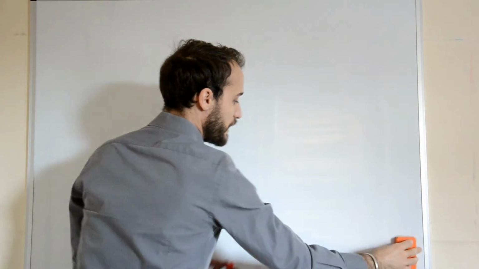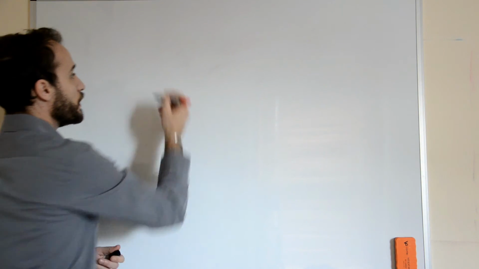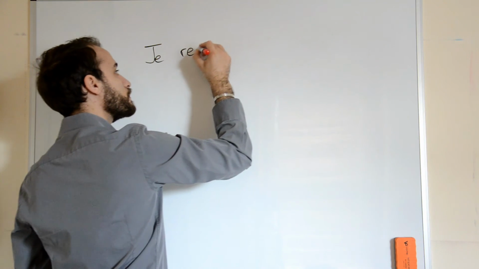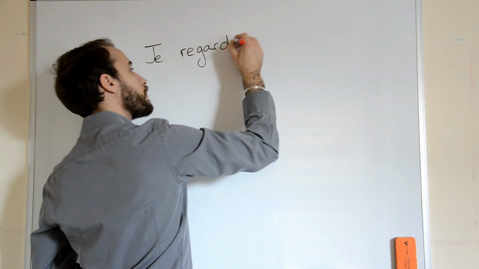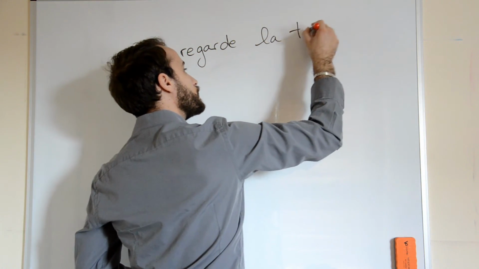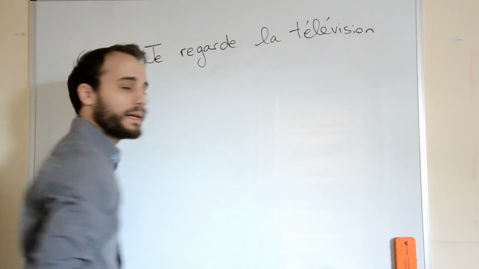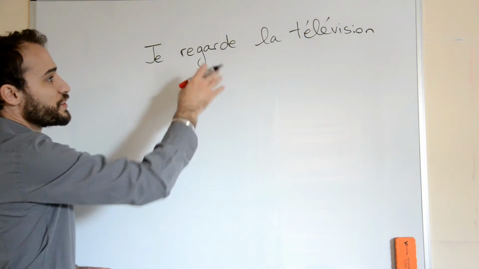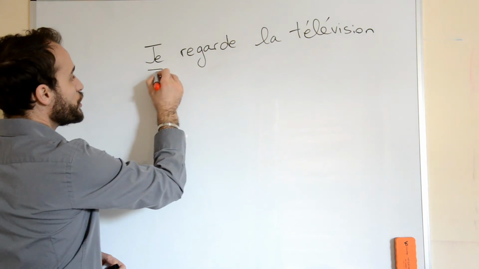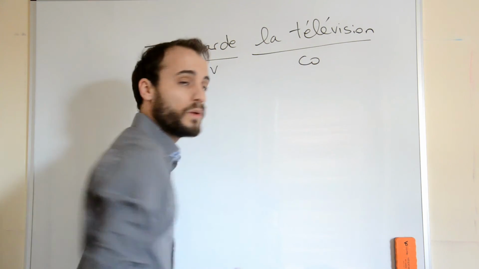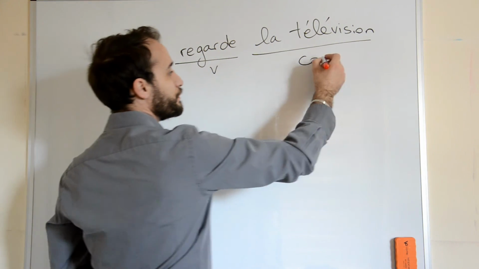then you have to understand that for the direct verbs, for instance, if I say je regarde la télévision. I watch the TV. Je, sujet, regarde, verbe, la télévision. It is a COD.